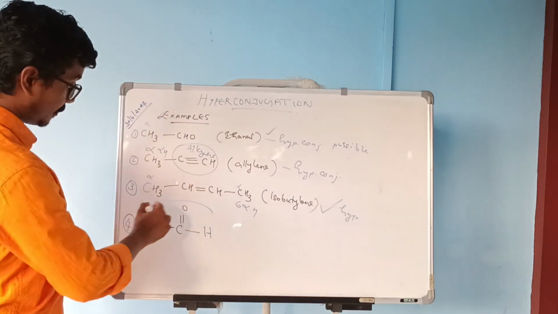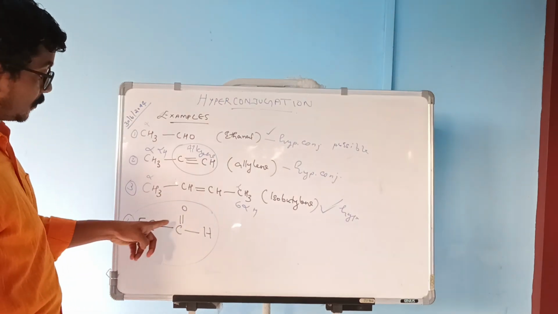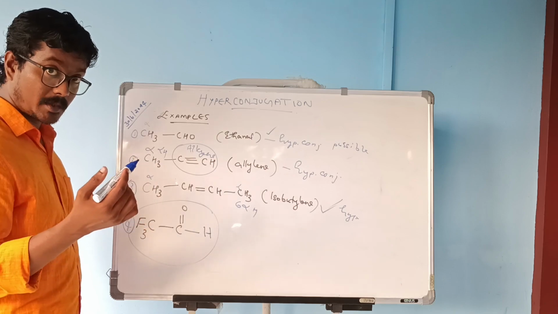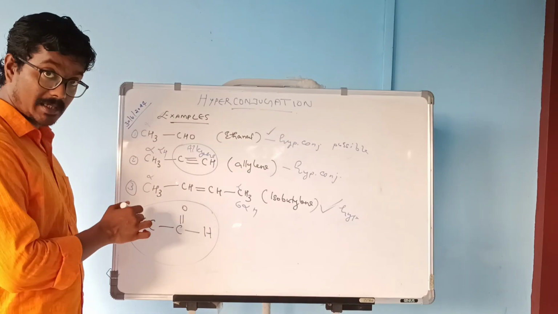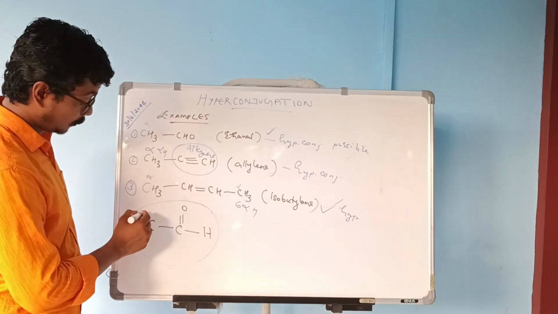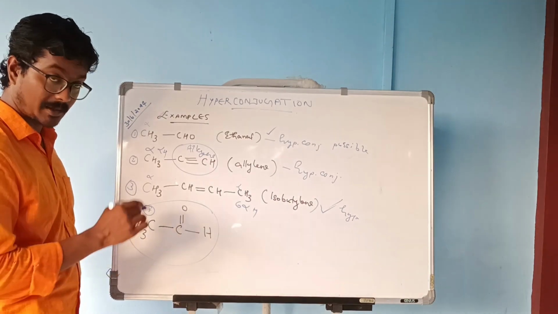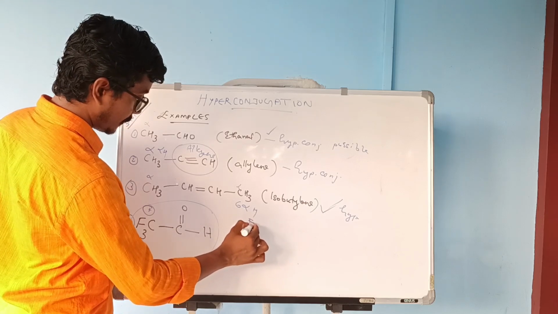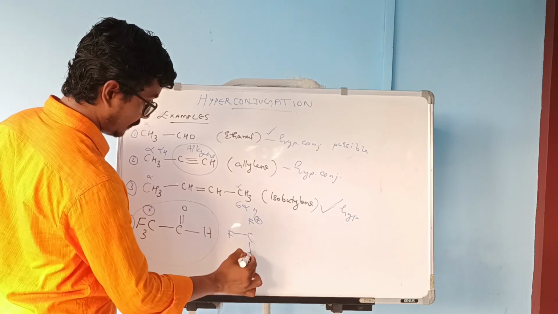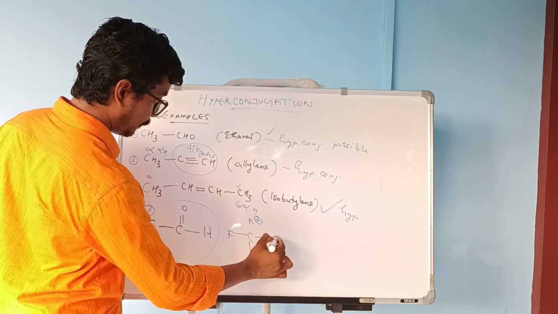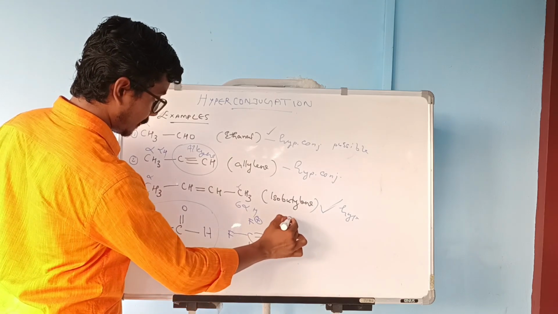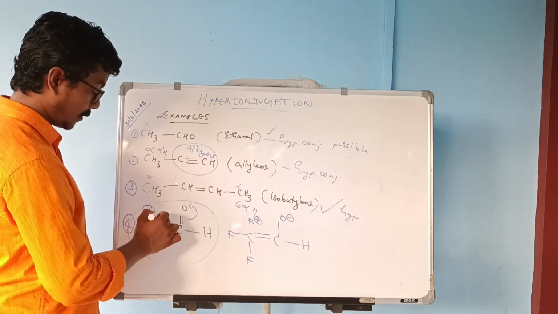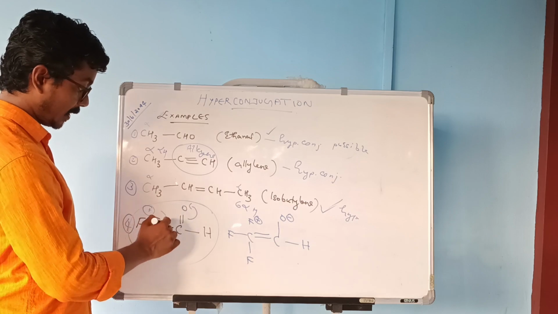And what about this case? Trifluoroacetaldehyde. If hyperconjugation exists, this fluorine will get a positive charge, right? One of the canonical structures will become like this. This will come here and one of the fluorines will donate to here.